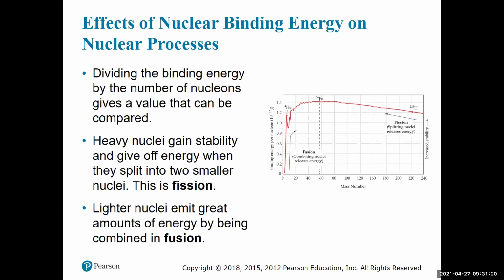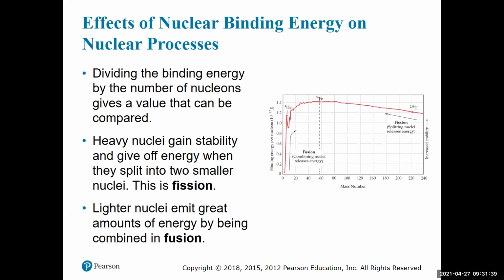If we divide the binding energy by the number of nucleons, that gives us a value that we can then use to compare things. And so what we see is heavy nuclei gain stability and give off energy when they split into two smaller nuclei, and that's fission.